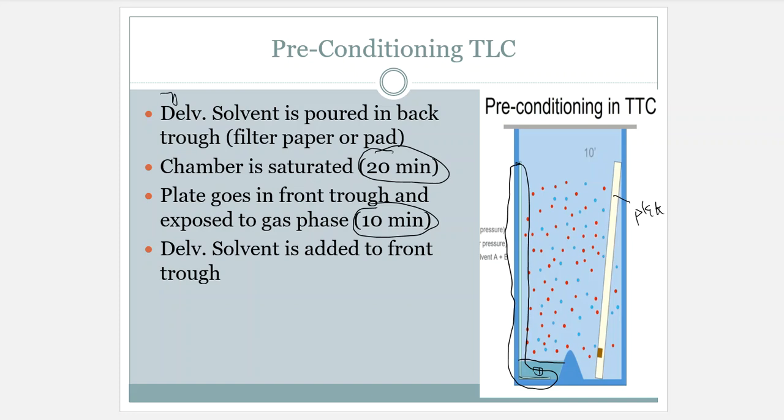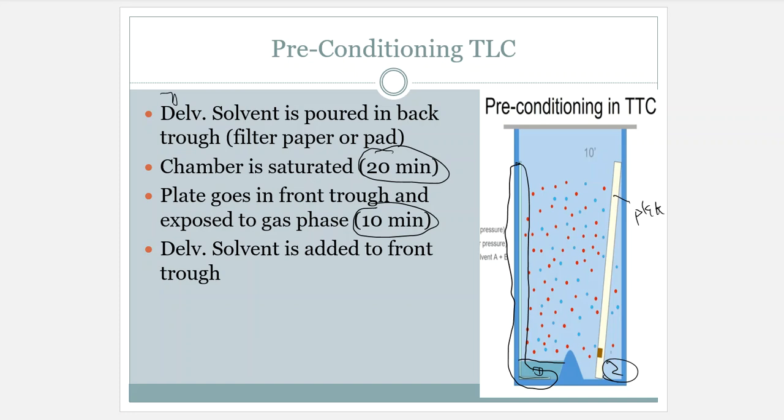And then we add the developing solvent to the front trough. So that will come later, but this allows the plate to become exposed to the gas phase totally, from the top of the plate to the bottom of the plate, before we allow the plate to dip down into the developing solvent, aka mobile phase here. So slightly different, but that is what preconditioning is.